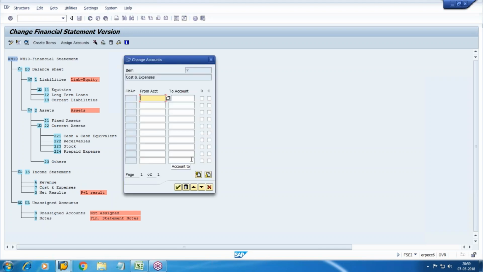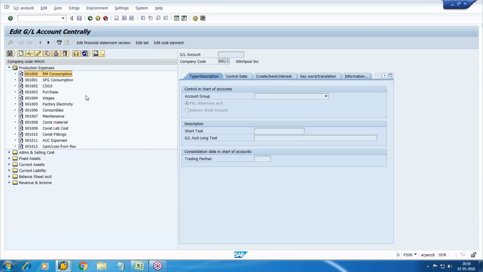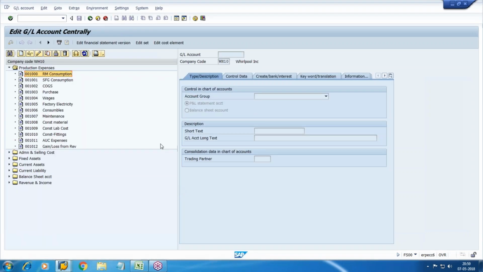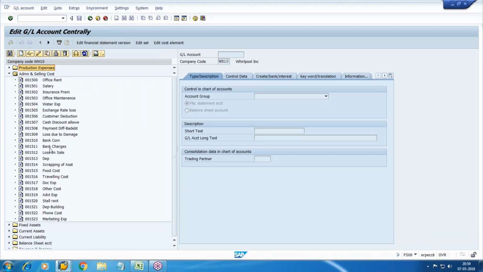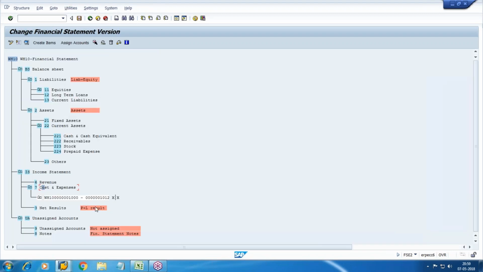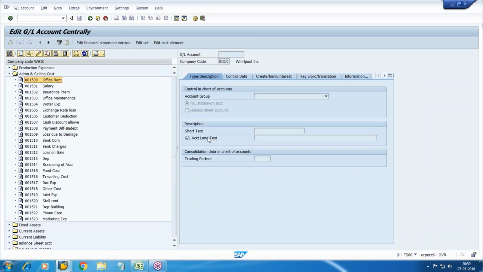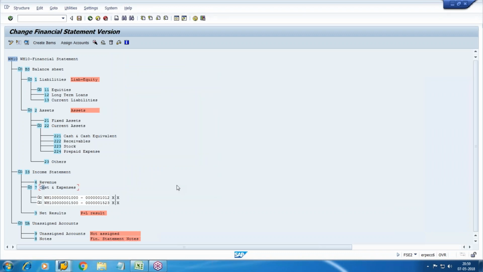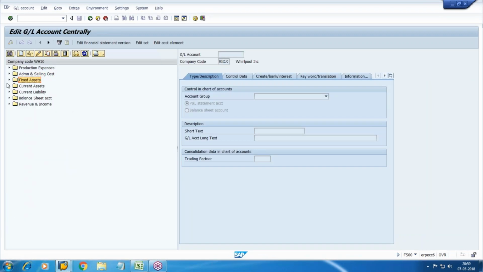Select assign accounts from ledger number 1000 to 1012. These are also expenses. 1500 to 1523.